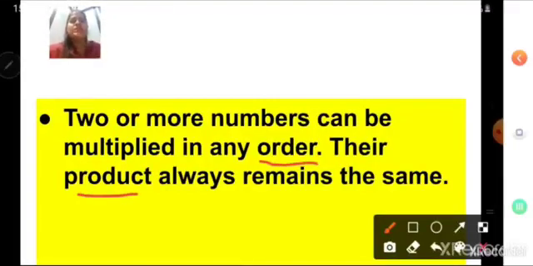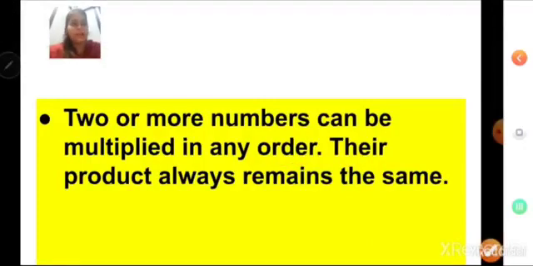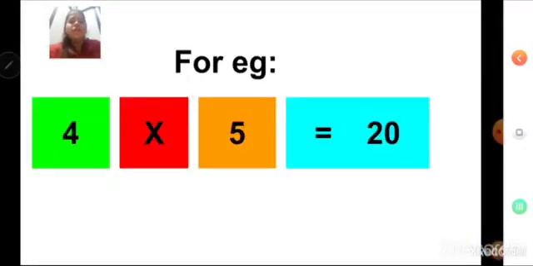Now what does this multiplication fact mean? Let me first show you an example. 4 into 5 is equal to 20, right? 4 fives is 20. Here number 4 is the multiplicand, number 5 is the multiplier.